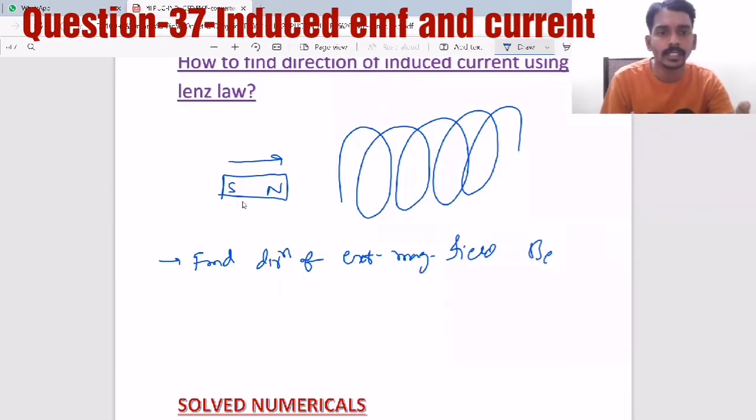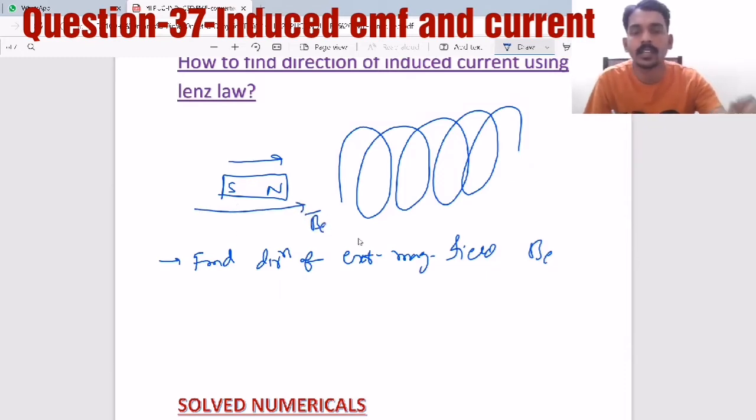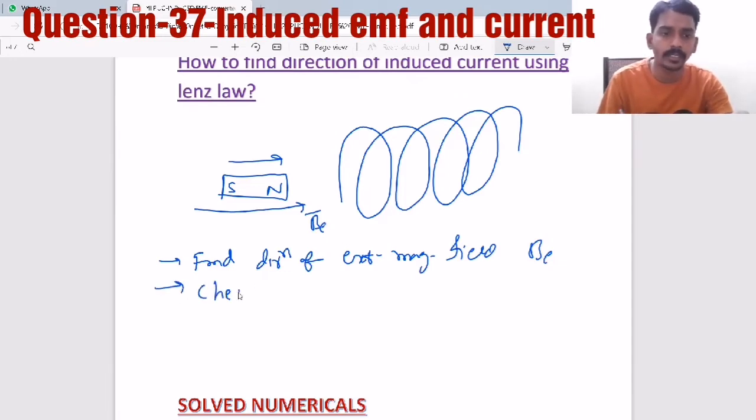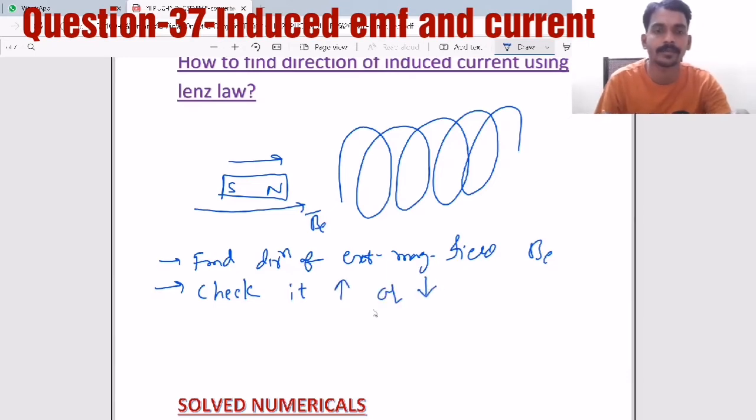Here the external magnetic field is from south to north, away from the north pole, so rightward. The next step is to check whether it is increasing or decreasing. Here the magnet is coming closer, so the external magnetic field is increasing, which implies the external flux also increases.